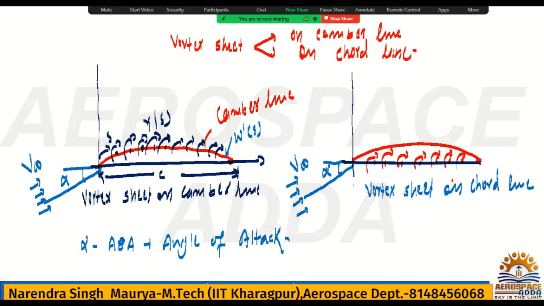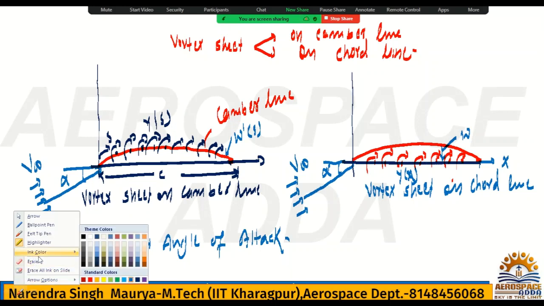Because of this gamma, which is the vortex sheet along the chord line, we get a velocity component w. You can say gamma c, or gamma x, because this length is also the x coordinate. If you write c, c means the full length, but if it is some partial length, it is better to write gamma x.